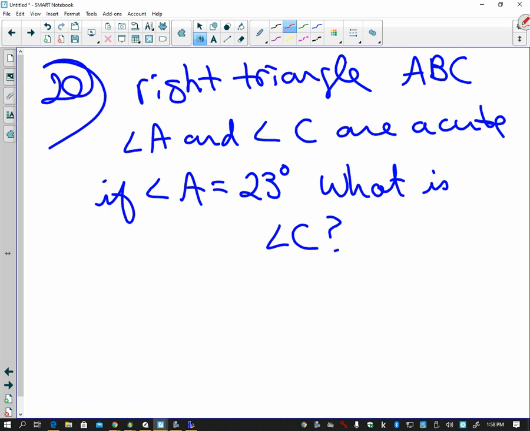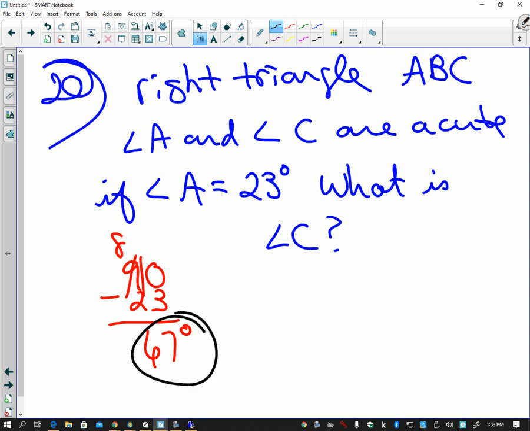So here's the thing, 23 and C will add up to 90. So I could just simply take 90 minus 23. Because it's faster. But you still could take 90 plus 23 and subtract it from 180.